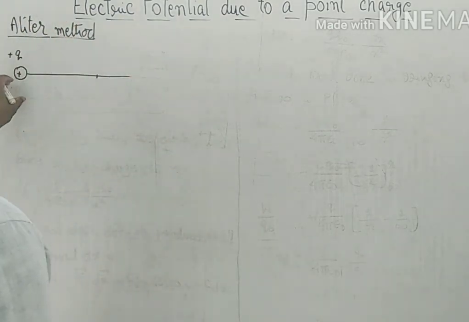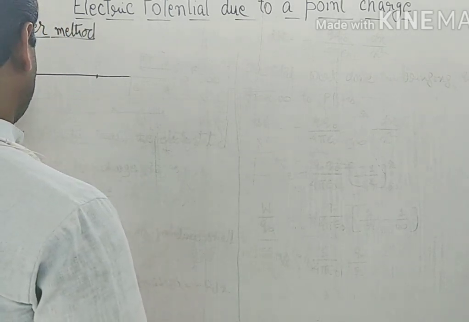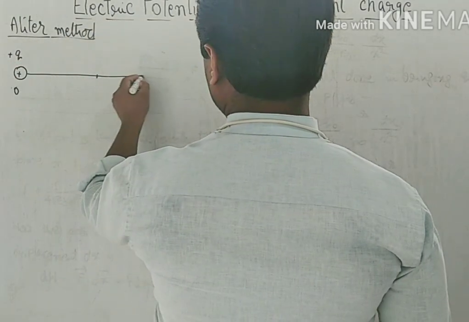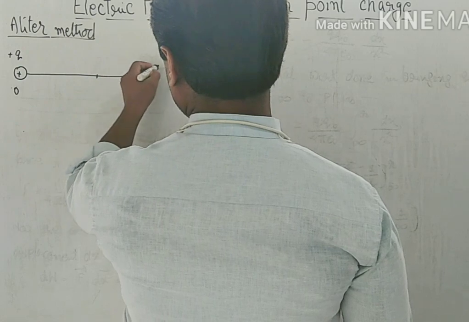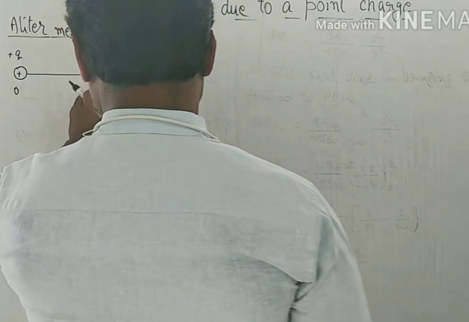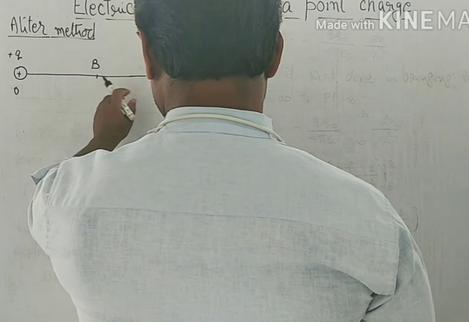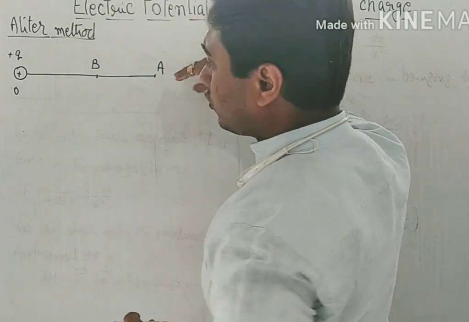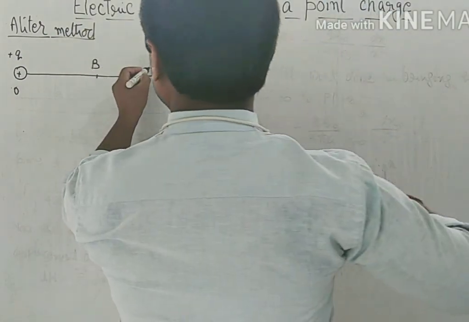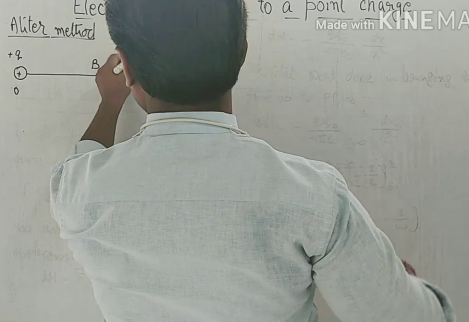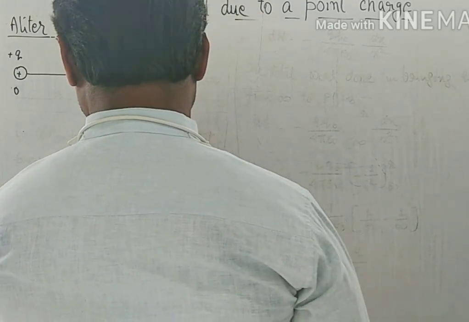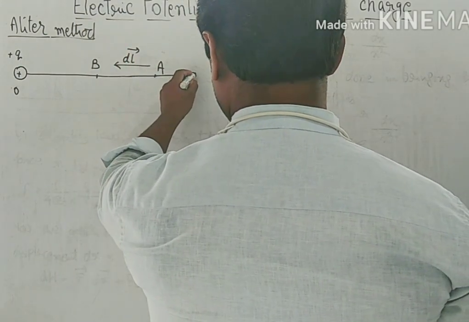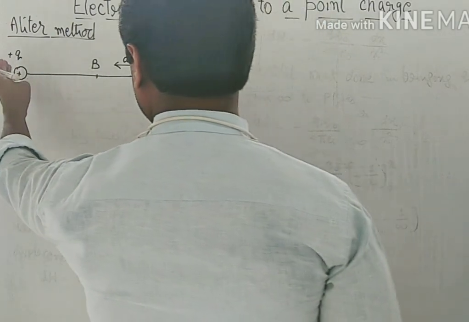Suppose this is the isolated charge kept here at position O, and let we have here 2 points in the electrostatic field of this source charge, namely A and B. And suppose the charge is right here, and as the charge is moved towards this through the displacement say dl, so this is vector dl, the force of repulsion would be along this.